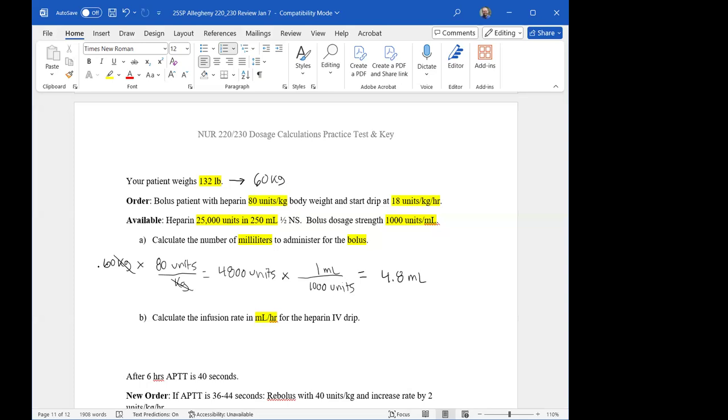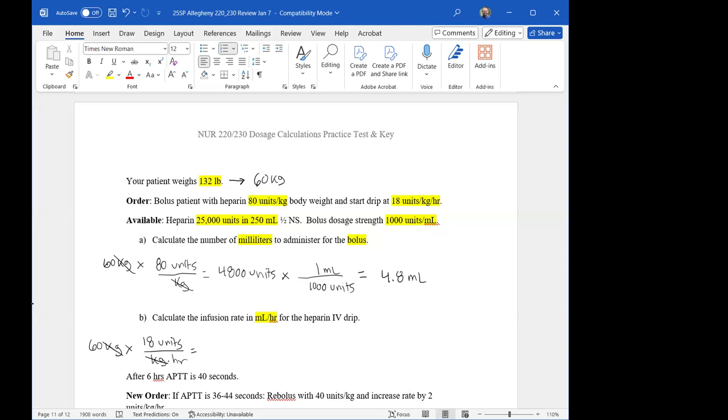For the infusion rate, 60 kilograms times now 18 units per kilogram per hour. The 18 is coming from where it says to start a drip, so I'm just following what it says to do.